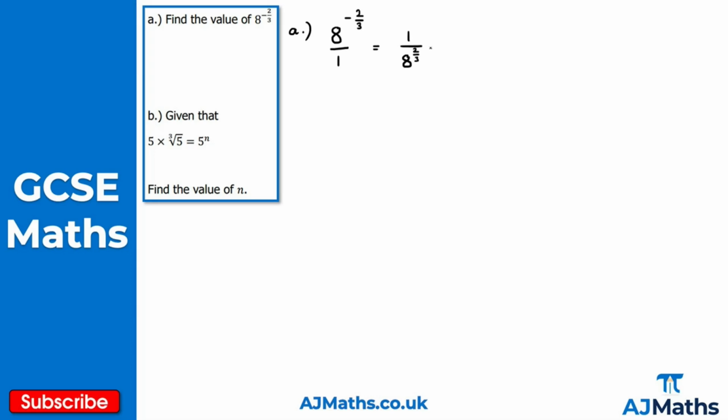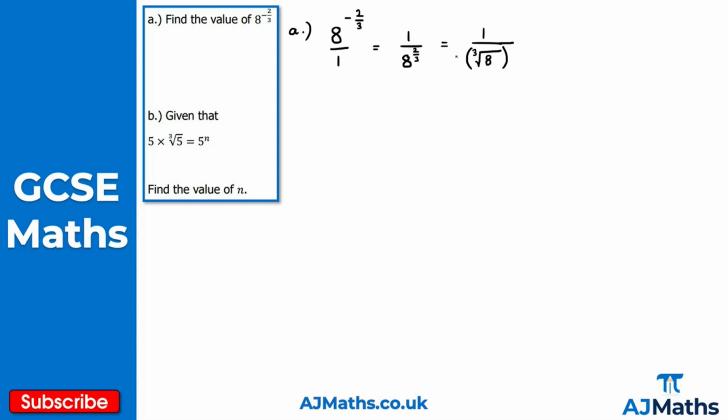So from here now, we need to deal with the fractional part of this power. Remember, the denominator here tells us what root we're taking. So because my denominator here is 3, we take the third root, or the cube root of 8. And then remember, our numerator here tells us what we raise that result to.